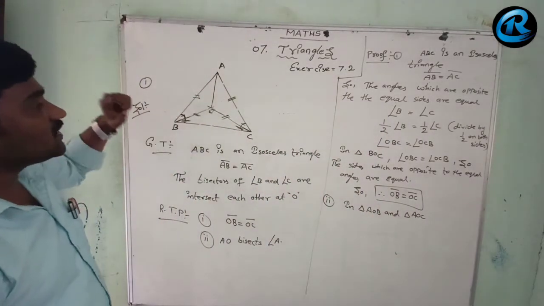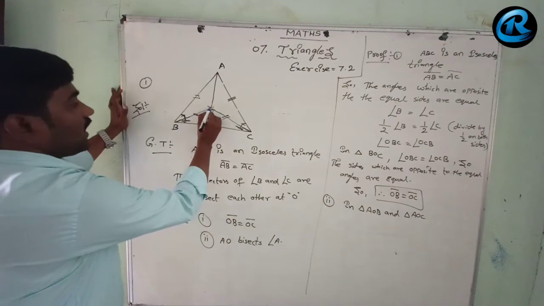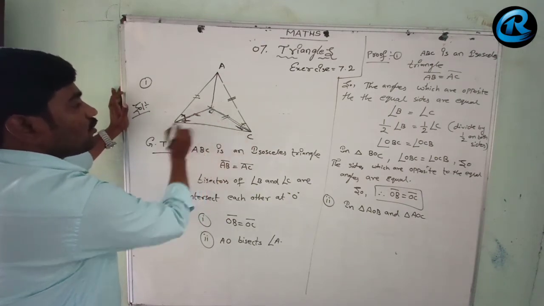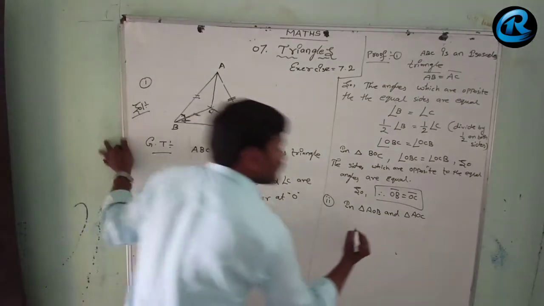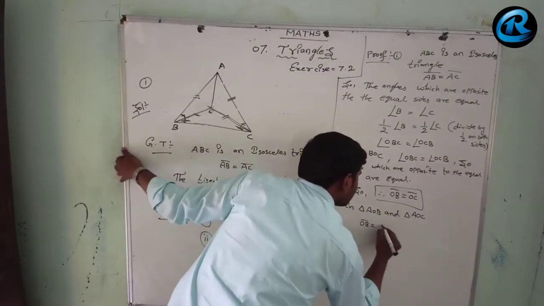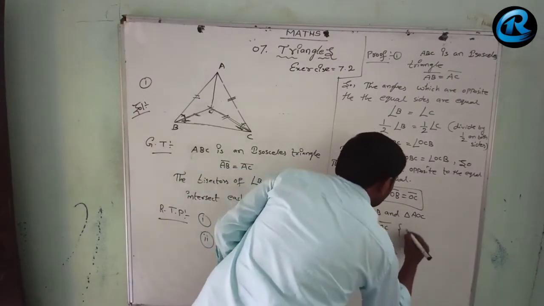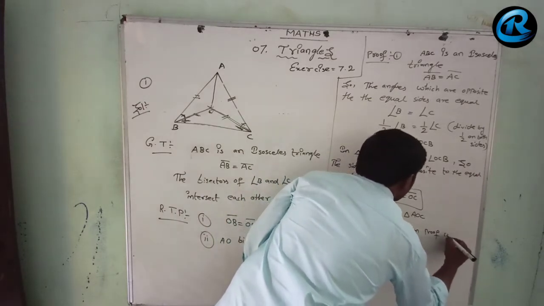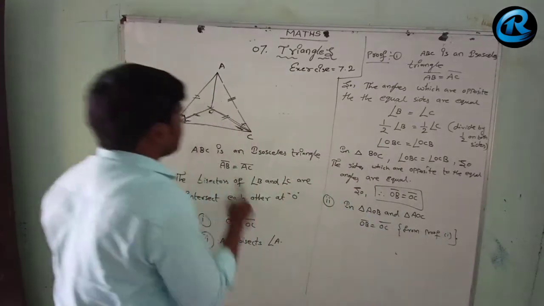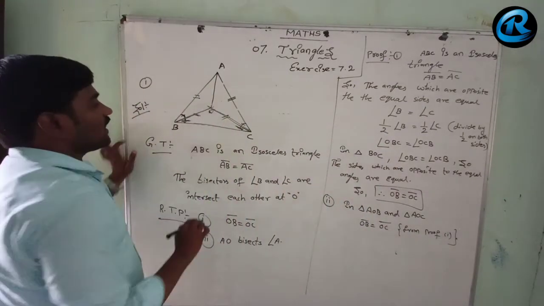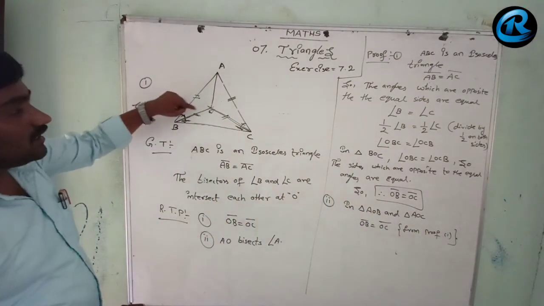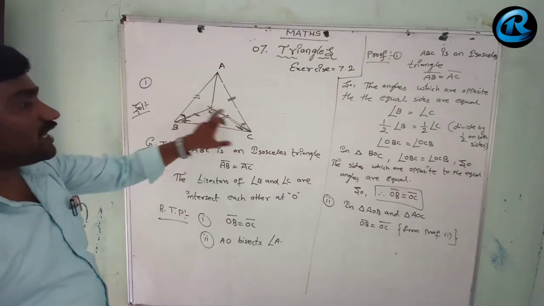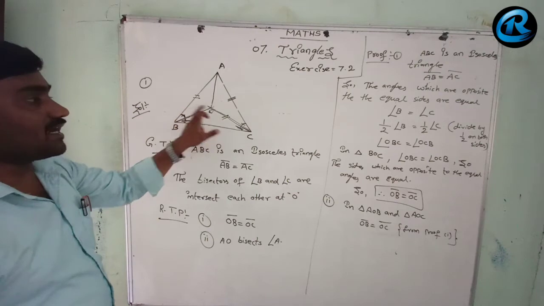In this we can see that we have already proved OB equal to OC from proof number 1. These two sides are equal. And these two are bisected angles, so these two angles are equal. We can also say these two more angles are also equal.